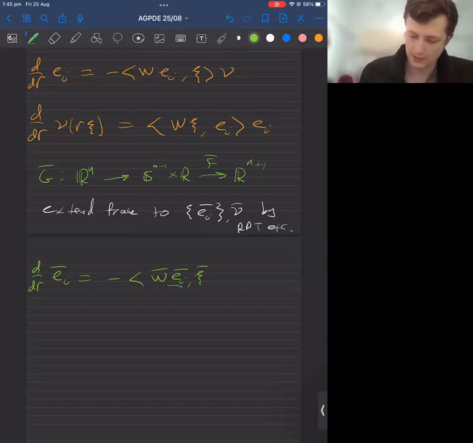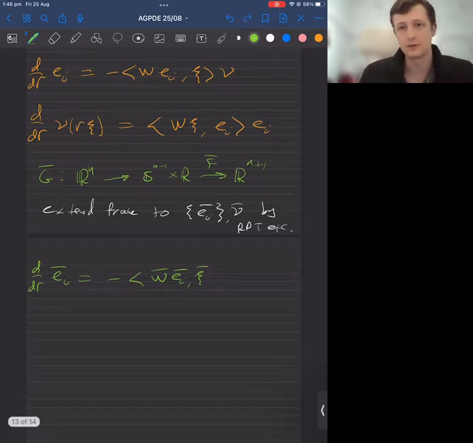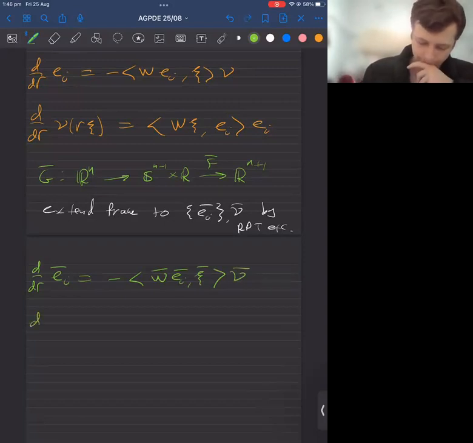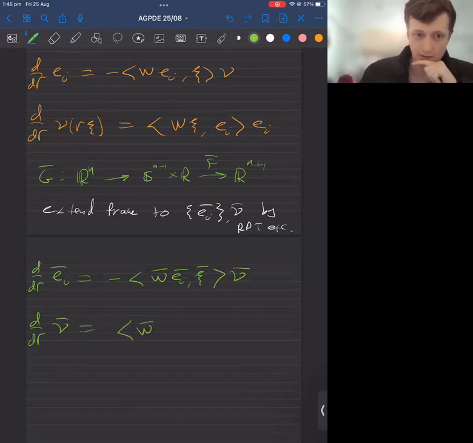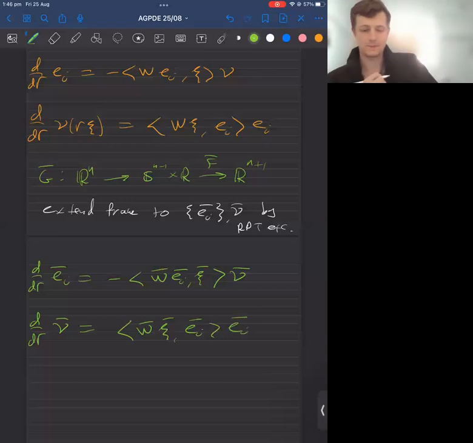When I write bar, I'm obviously referring to the frame on the cylinder, and here I mean the parallel transport of C along the cylinder, ν bar. And you get a similar thing here. So you get W bar, C, E_i bar.